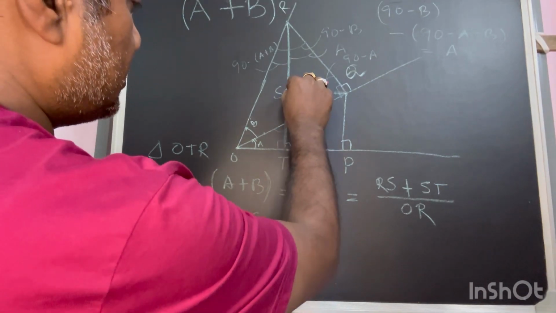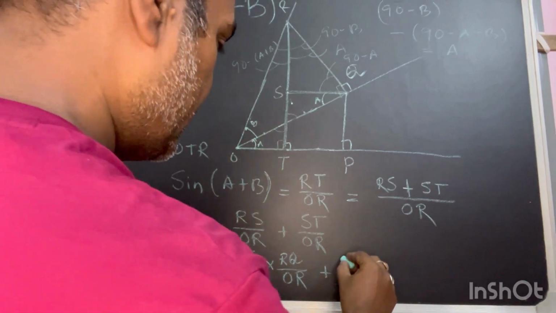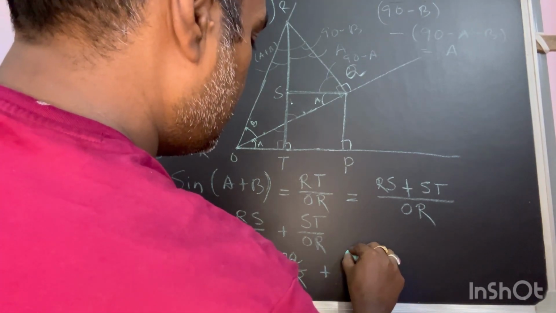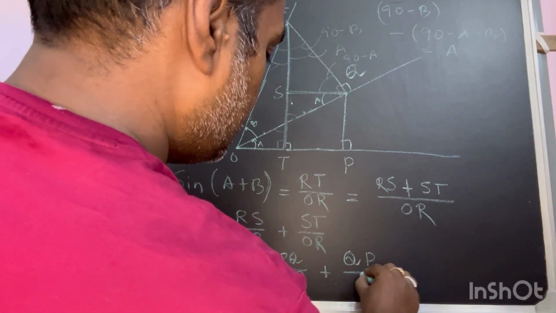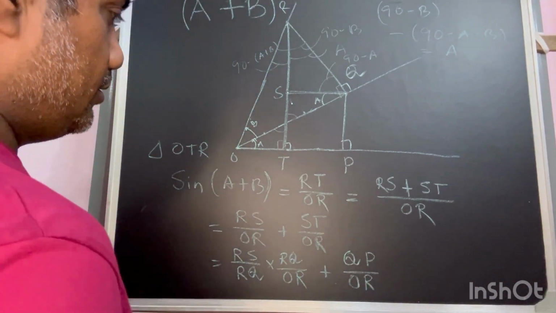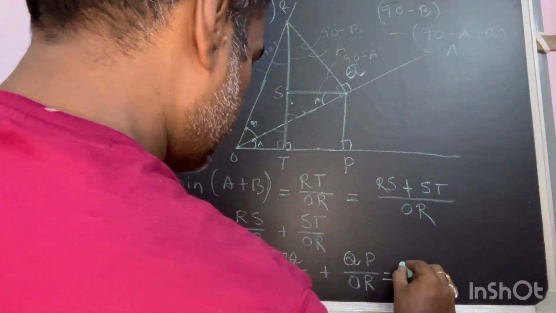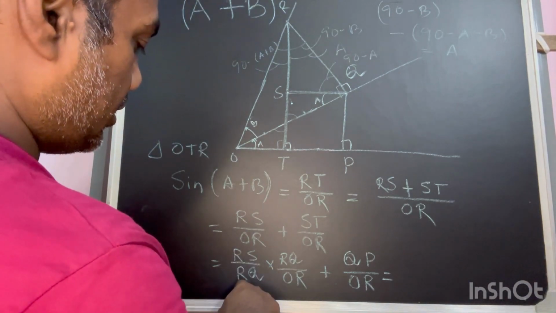So we can say that ST is equal to this RP. We can write QP by, so I will take another step to complete it. Now, let me give it here. RS by RQ.